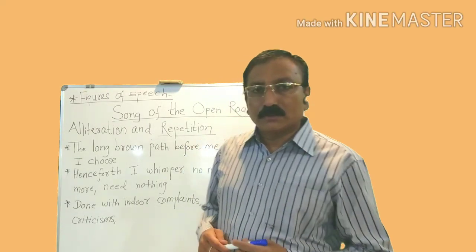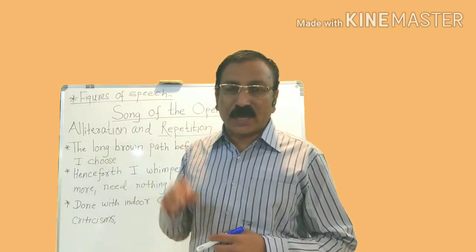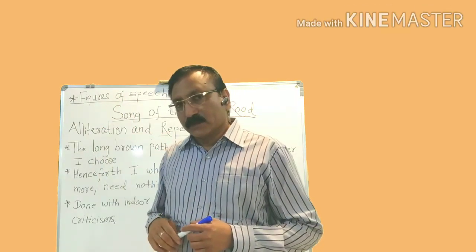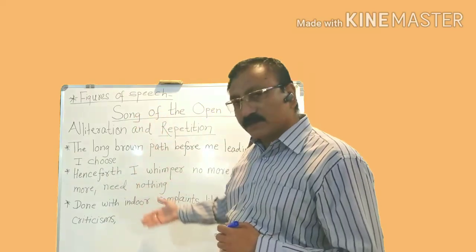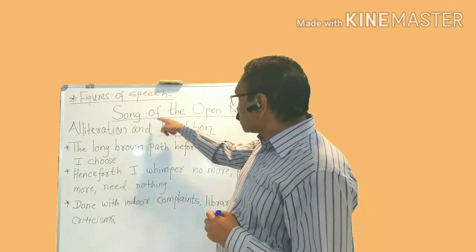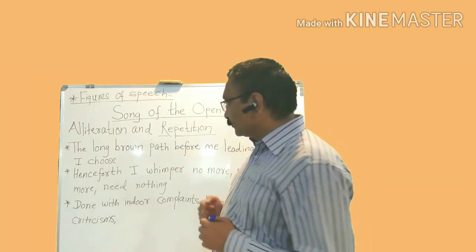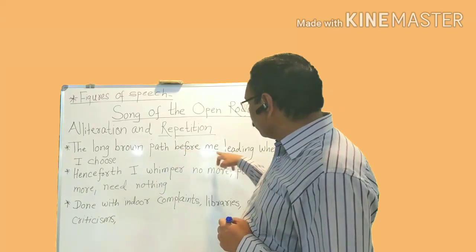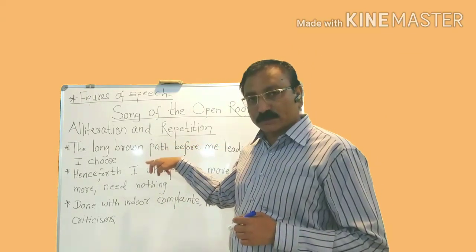In this way, we discussed how alliteration is identified in the line of the poem. So let us see a few lines from the poem Song of the Open Road. I read the first line: The long brown path before me, leading wherever I choose.